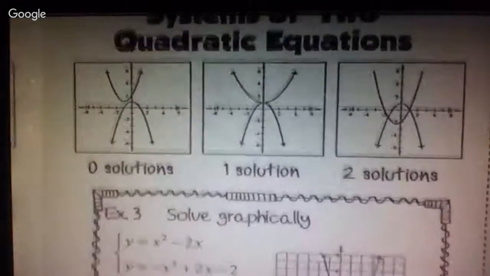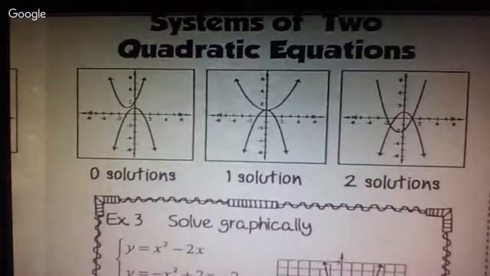Let's move over to the middle ones. Systems of 2 quadratic equations. This time I have 2 parabolas. Again, I can have no solutions where I've got an upward facing parabola and a downward facing parabola that don't touch. I can end up with 1 solution. When it's 1 solution, the vertex touches.